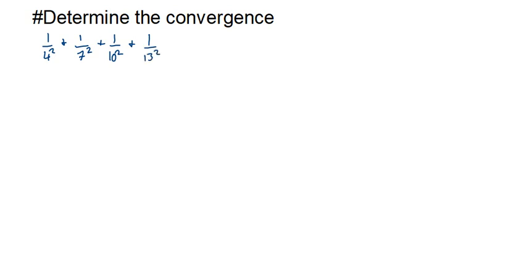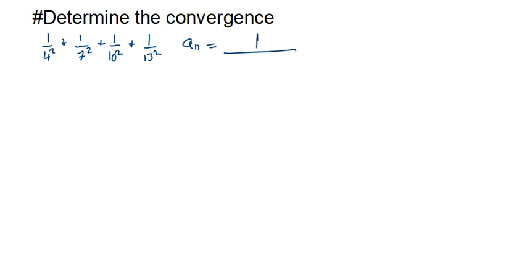With regards to the sign, it does not alternate, it is still positive everywhere, and the numerator remains as 1. So what kind of pattern are we dealing with on the denominator? I'll address the power later.